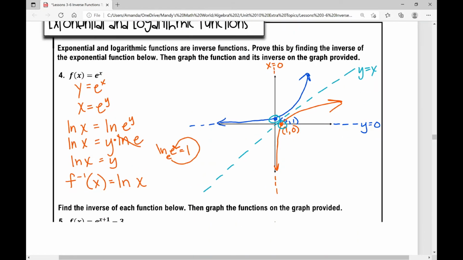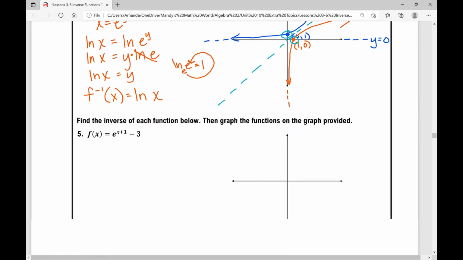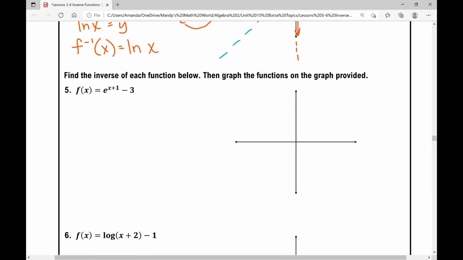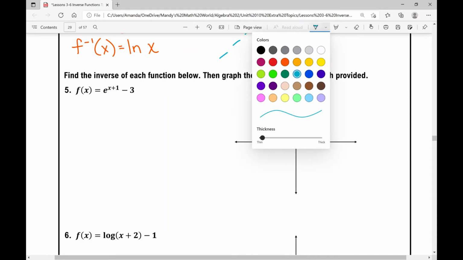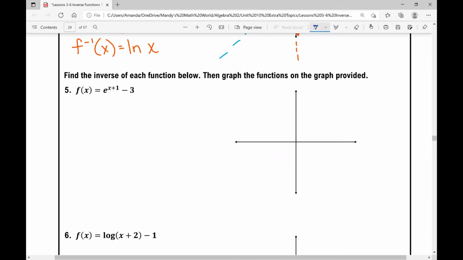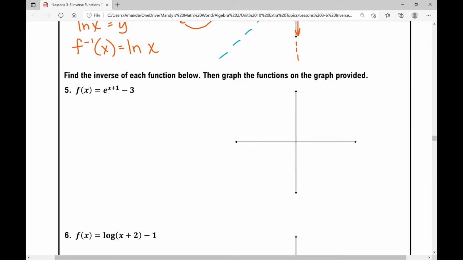Let's move on to another exponential function below that has some transformations added to it, and let's solve for this. So the first thing I'm going to do is graph f of x equals e to the power of x plus 1, minus 3. So we know that that original function has the exponential function.